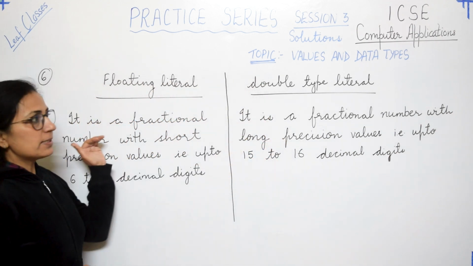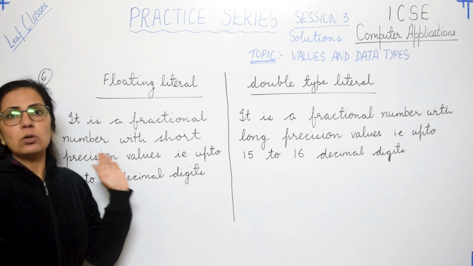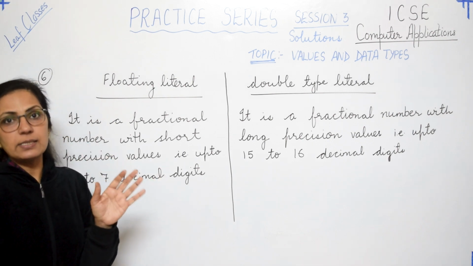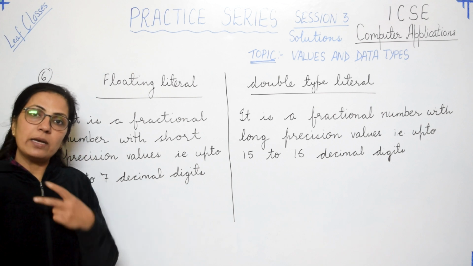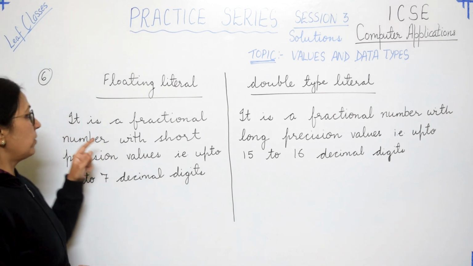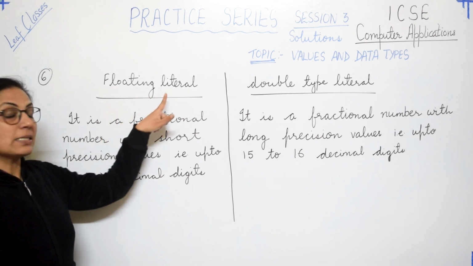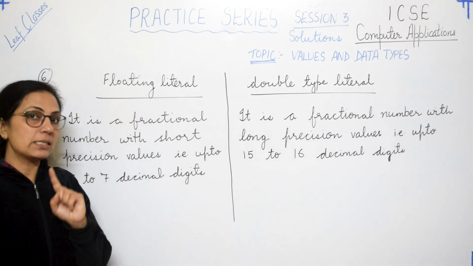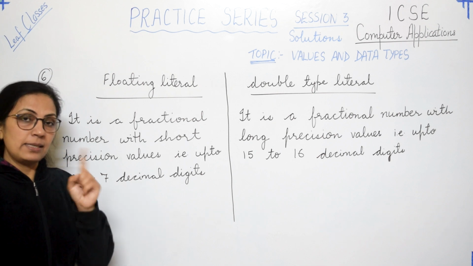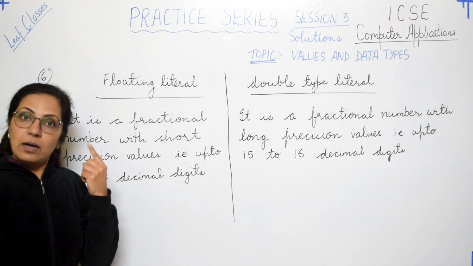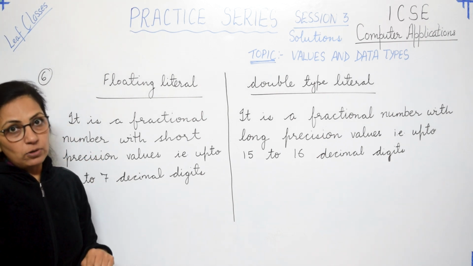Just one difference is asked, so don't go for writing 2 or 3 differences. If one is asked, just write 1. If 2 are asked, write 2 differences. You can write that it is a fractional number because it is asked for literal. They are not asking for data type, right? So there is a difference between float data type and float literal.